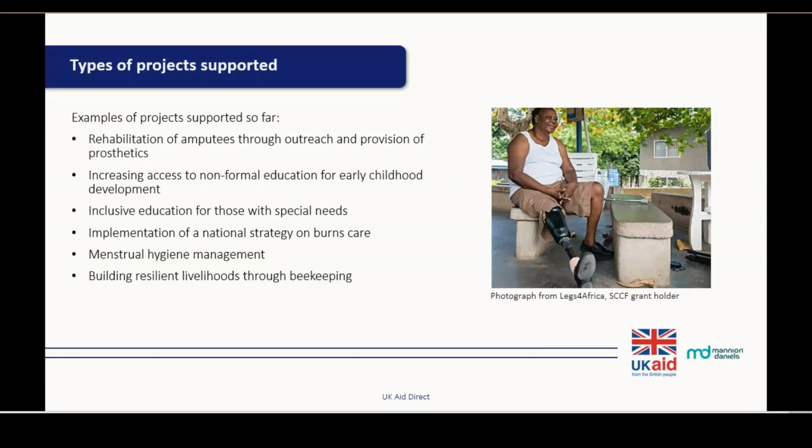And then we also have more detailed case studies. For example, at the moment we have projects supporting rehabilitation of amputees through outreach and provision of prosthetics. We have projects on menstrual hygiene. We have livelihoods projects, so there's a specific one on beekeeping. We have a whole range of projects that SCCF is currently supporting.